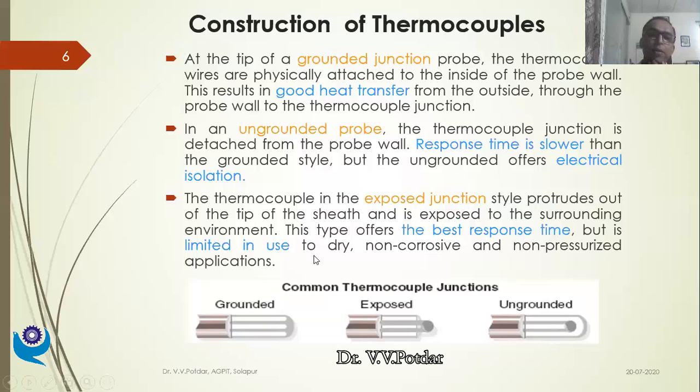But it is limited in use to dry, non-corrosive and non-pressurized applications, because as it is exposed to environmental conditions, it might have humidity effects, corrosive effects and pressure effects also. But the response time is better. So these are the three types of thermocouples which are used in industrial applications.